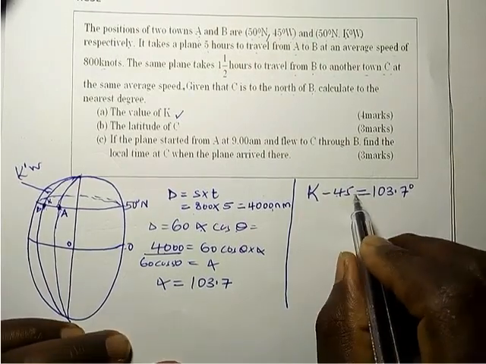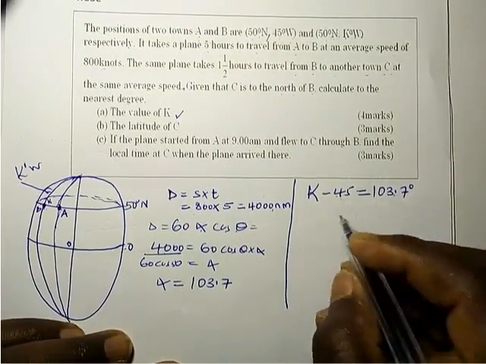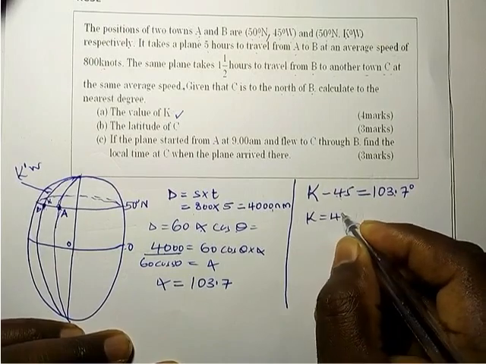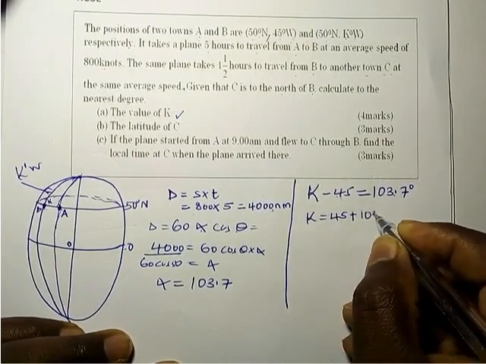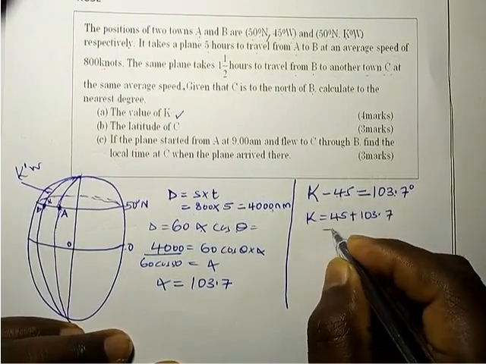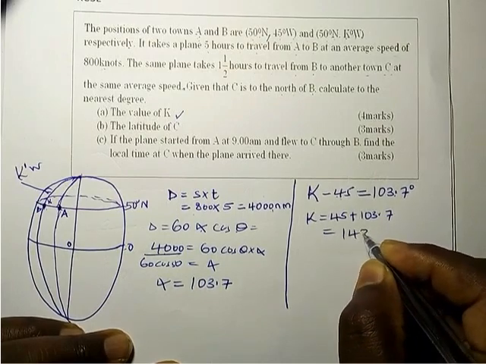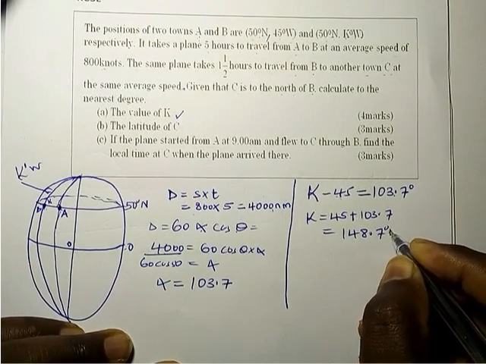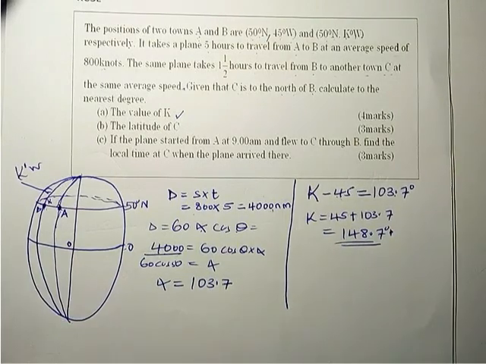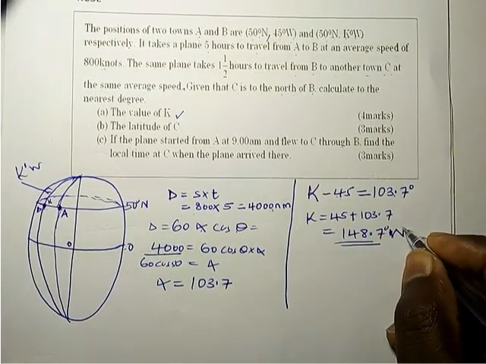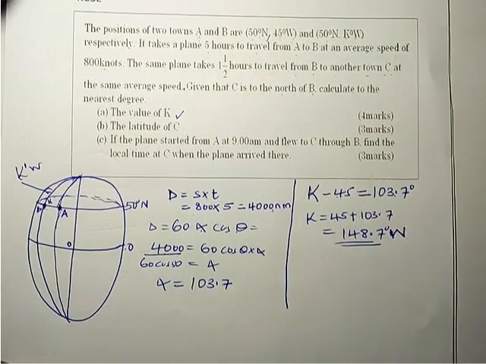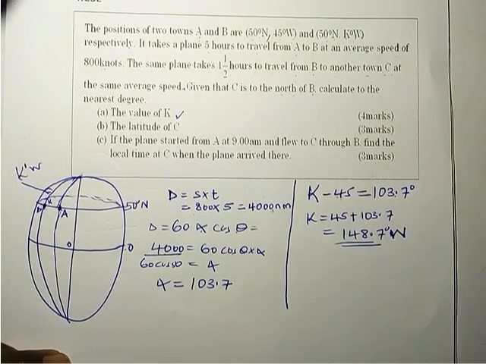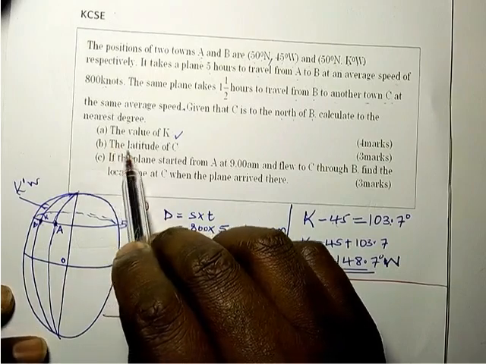Taking like terms together, K is going to be 45 plus 103.7, which is 148.7. K is equal to 148.7 degrees west.